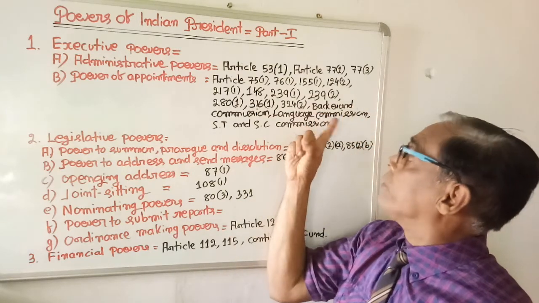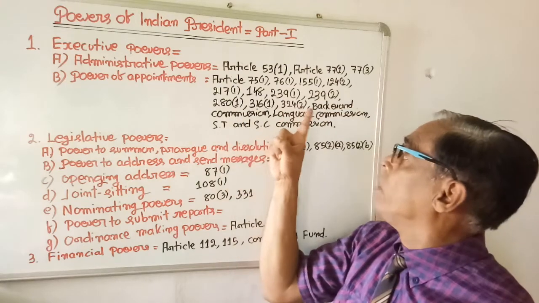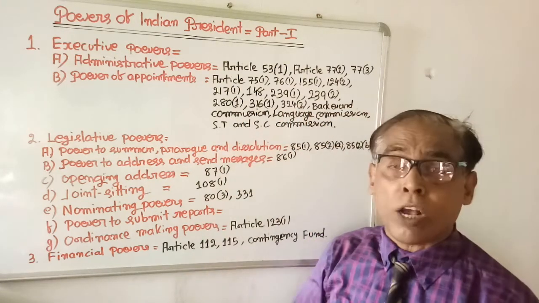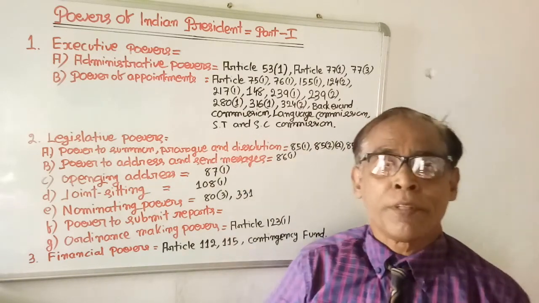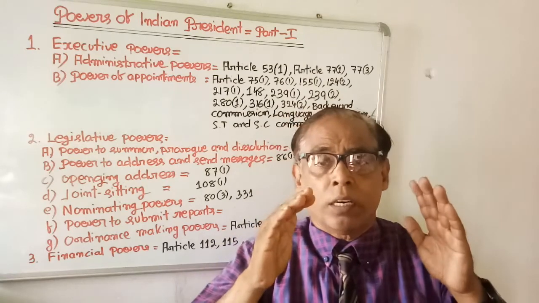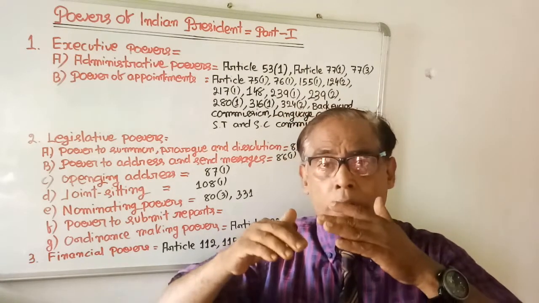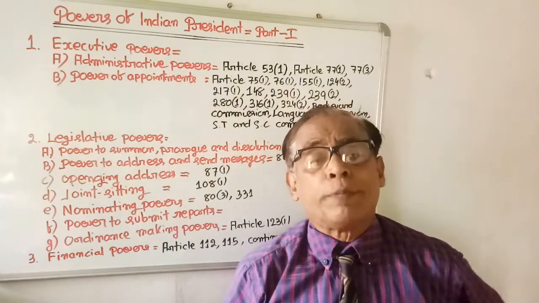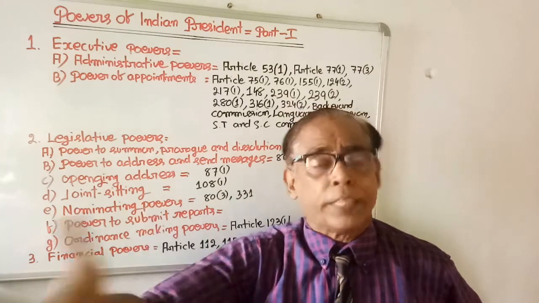Then the President will appoint members of the Backward Classes Commission, the Linguistic Commission, the SC Commission, etc. So, under the executive power, we have discussed the administrative power of the President, and the power of appointments of the Indian President.